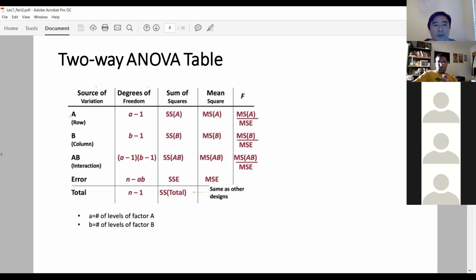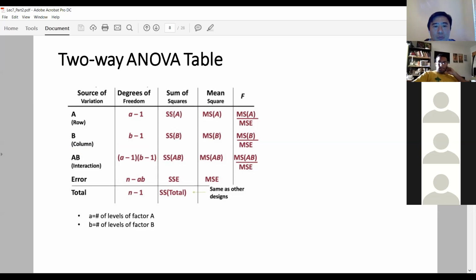For each row of A and B, you have a degree of freedom. Again, the degree of freedom in two-way ANOVA for each factor is still the total number of levels minus 1. If factor A has alpha levels, the degree of freedom is alpha minus 1, and for B it is B minus 1, where B is the total number of levels for factor B.